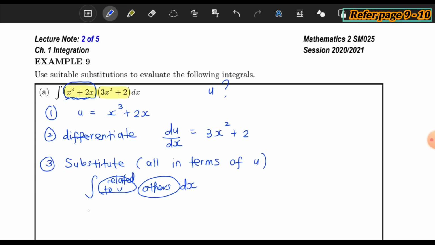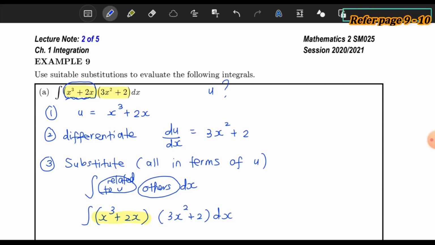For this case, I will write integrate x cubed plus 2x. This is the function related to u. And the next one is 3x squared plus 2 dx. So this is the other functions.